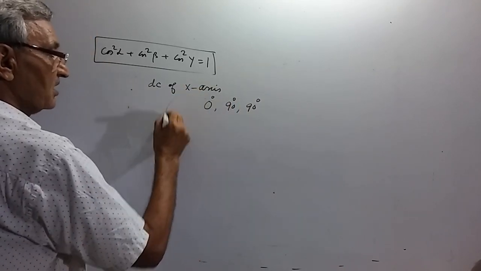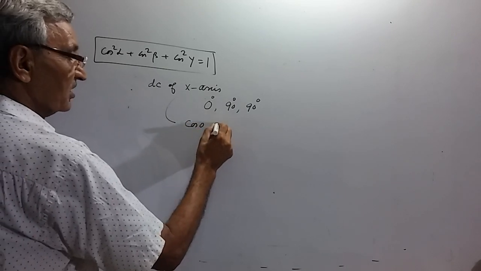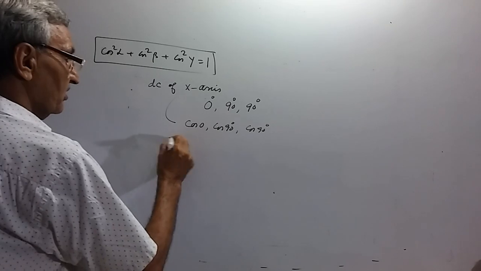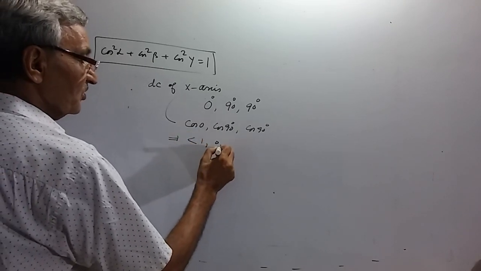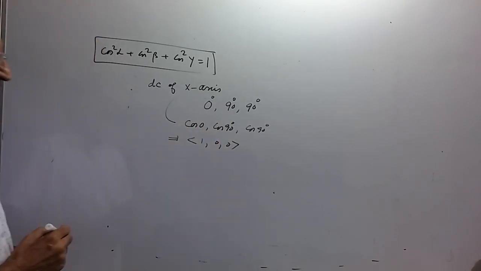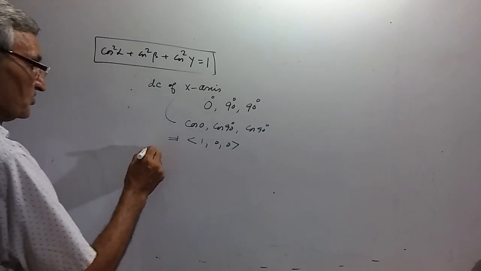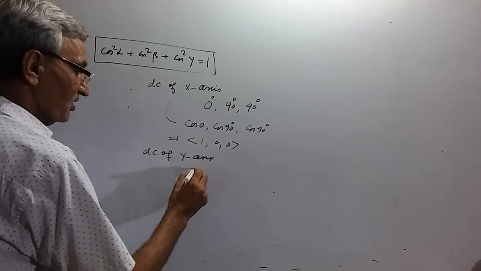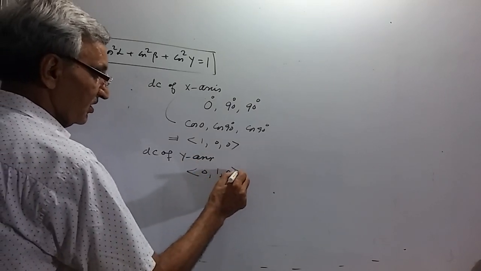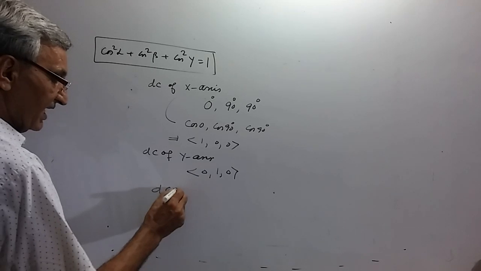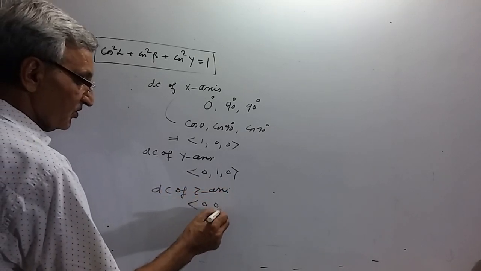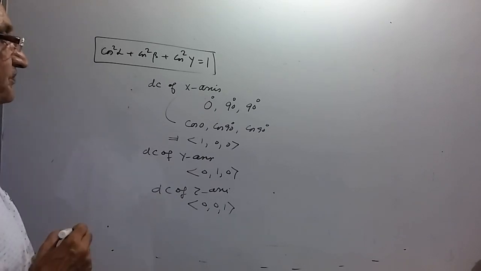So direction cosines are cos 0, which is 1, cos 90 which is 0, and cos 90 which is 0. So it is equal to 1, 0, 0. What are the direction cosines of the y-axis? 0, 1, 0. What are the direction cosines of the z-axis? 0, 0, 1.